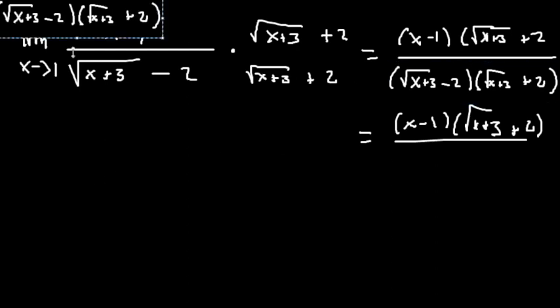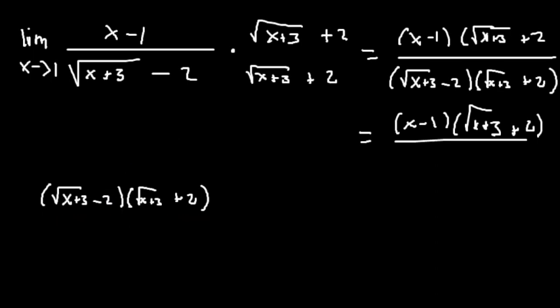Using the FOIL method, you just multiply the first terms, so it's going to be this one. When you multiply radicals, the radical sign will simply disappear, so it's going to be x plus 3, because the radical disappears when you multiply the two radicals.